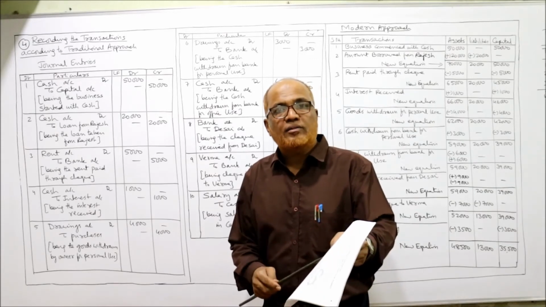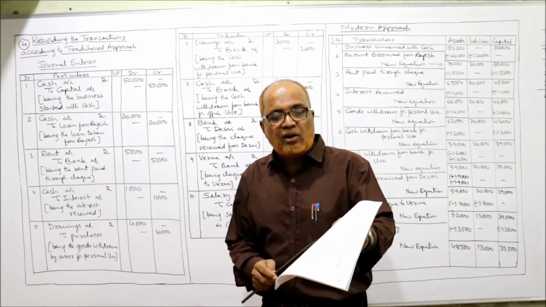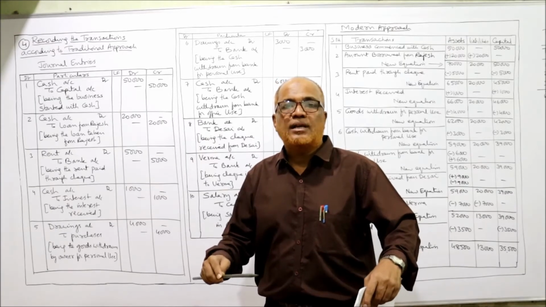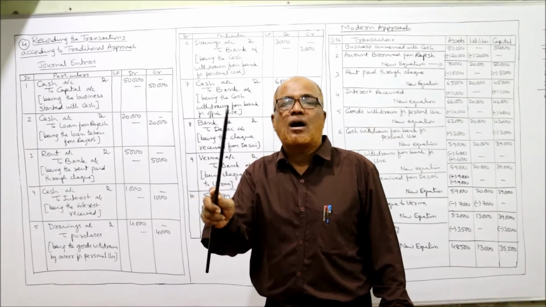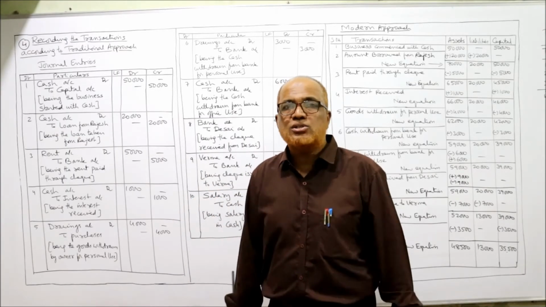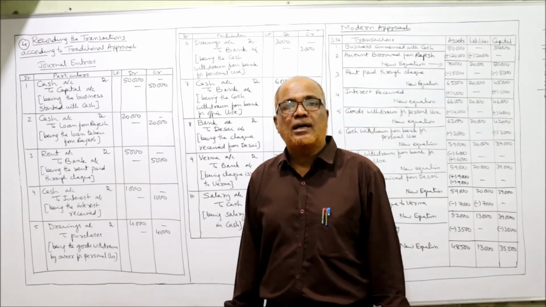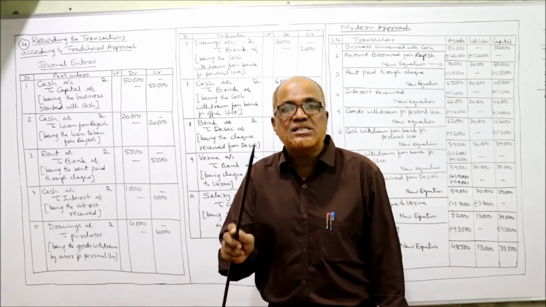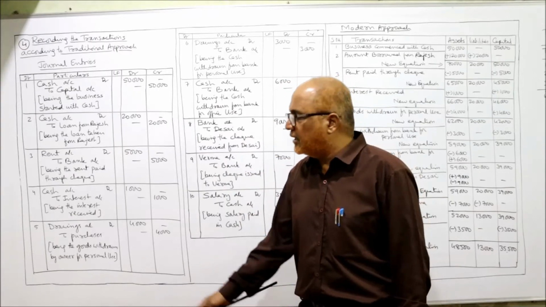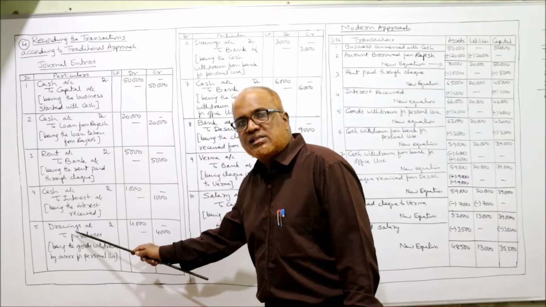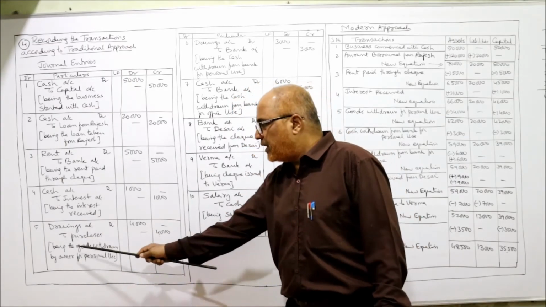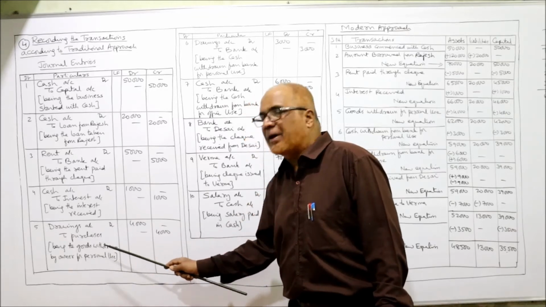When cash is withdrawn, the entry is drawings account debit to cash. But here cash is not withdrawn; goods are taken. In that case, purchases account should be credited. So the entry is drawings account debit to purchases account, 4,000. Being the goods withdrawn by owner for personal use.